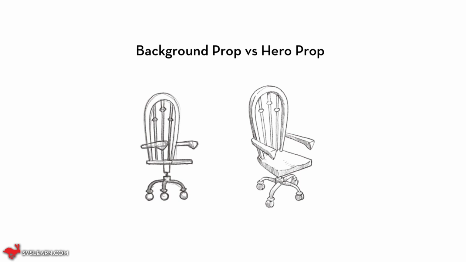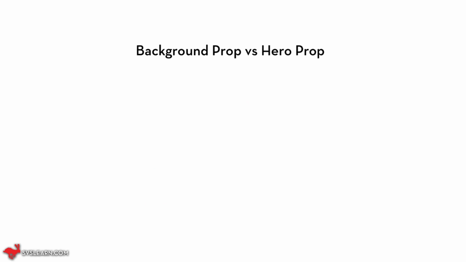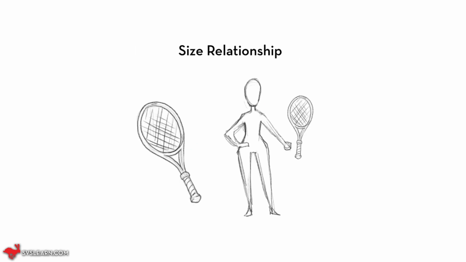If you're straight on side view, like the one in the background here for the background prop example, you're only getting 2 dimensions: front and side. But with the hero prop, you're getting front, side, and top. That just gives you a lot more information to work with and understand what the shape of this thing is, okay?